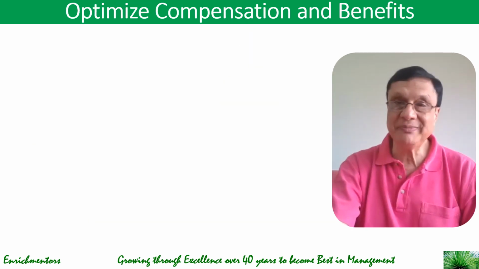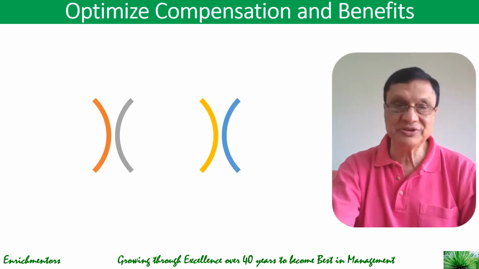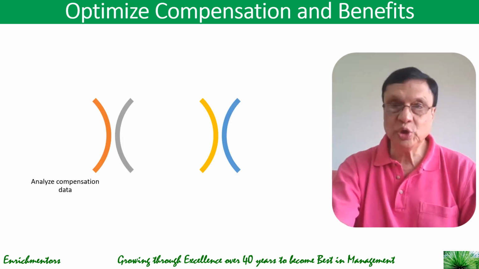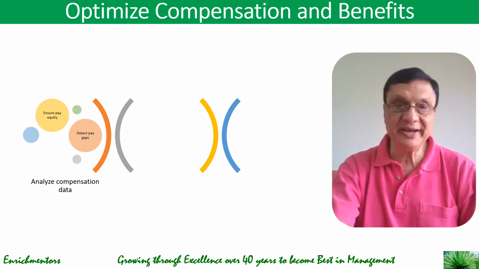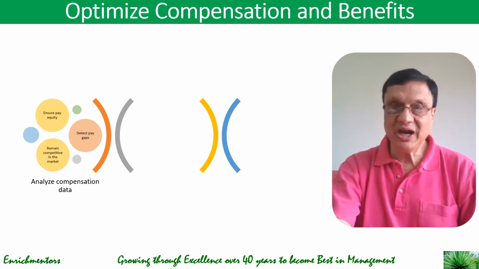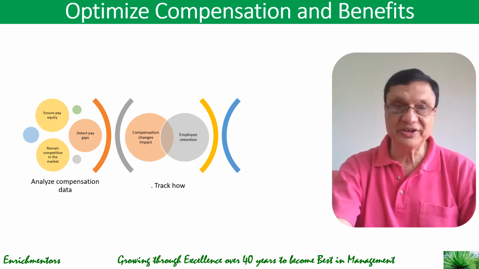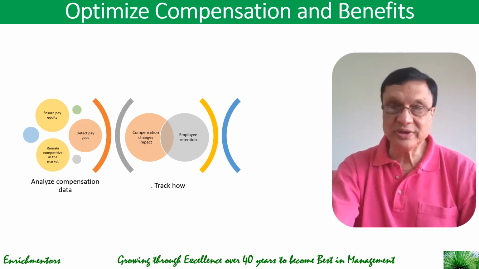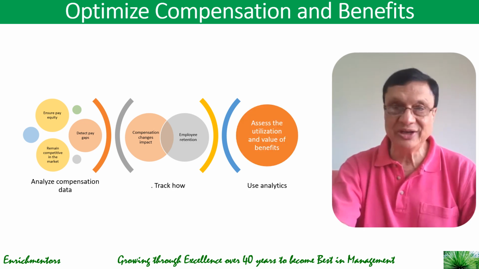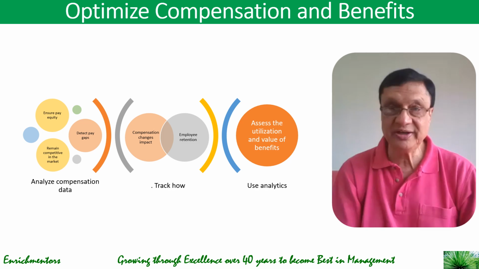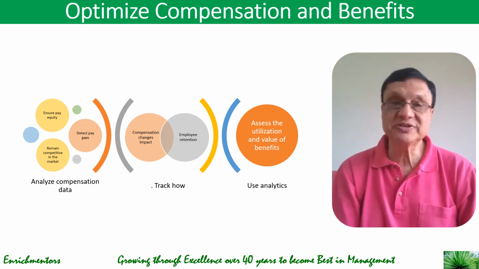Optimize compensation and benefits. Analyze compensation data to ensure pay equity, detect pay gaps, and remain competitive in the market. Track how compensation changes can impact your employee retention. Use analytics to assess the utilization and value of benefits such as healthcare, retirement plans, or wellness programs, optimizing offerings based on usage.